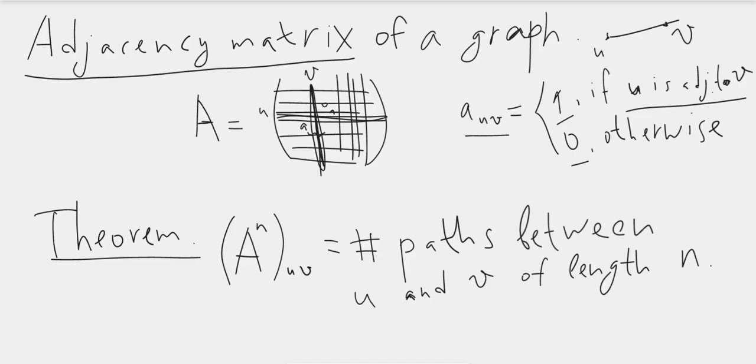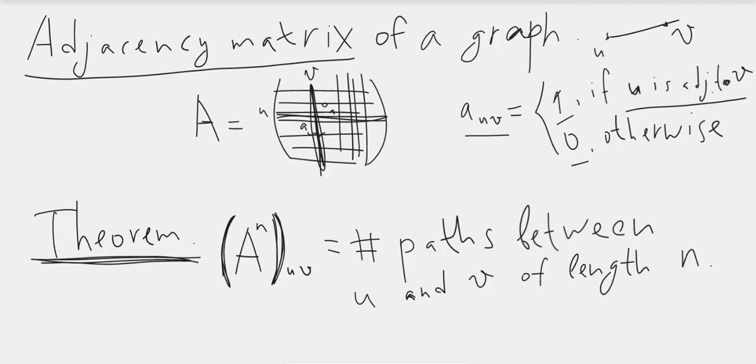Now the main result that I'm going to talk about today is a theorem that says that for any n, the power of the matrix A, so A to the power n, consists of the numbers that indicate the number of paths between the corresponding vertices of length n.